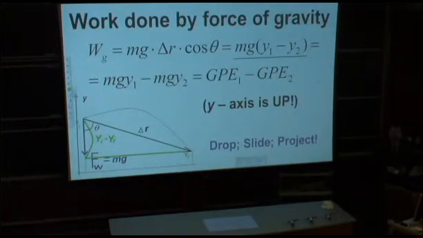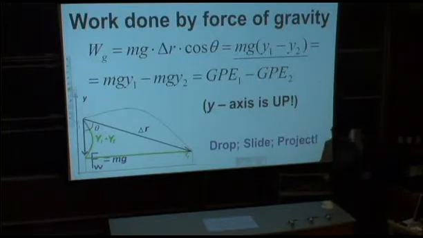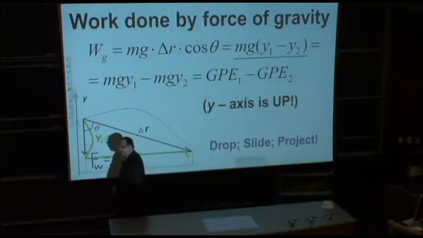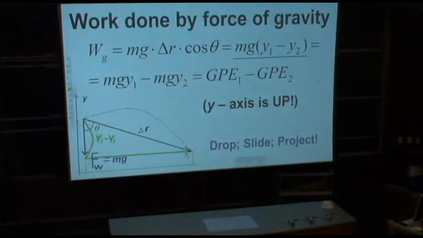Work done by the force of gravity. Well, first of all, gravity does work only when an object changes height. On its way up, on its way down, something sliding down the ramp or being pushed up the ramp. Whenever height changes, gravity does work. We can use this equation.